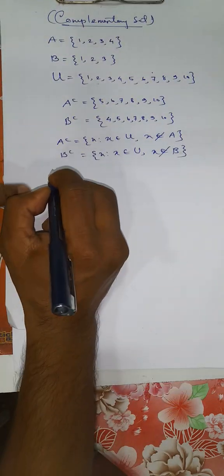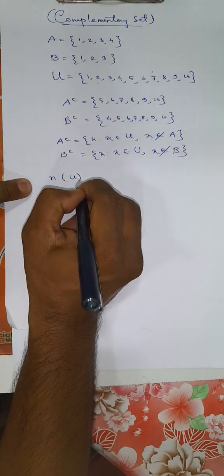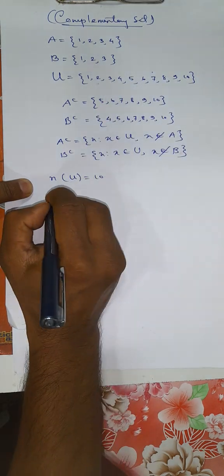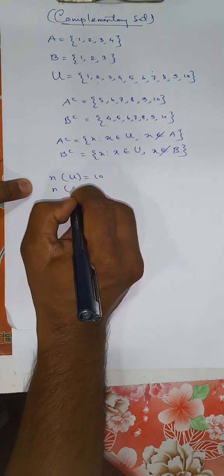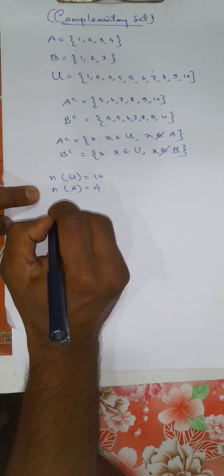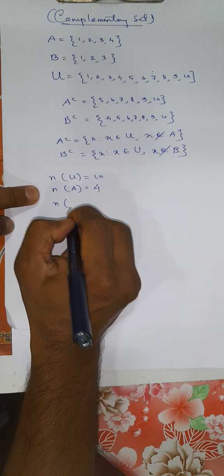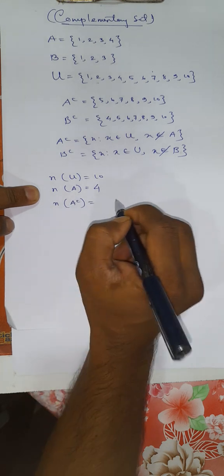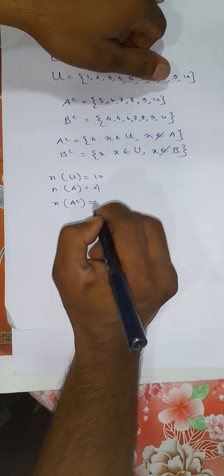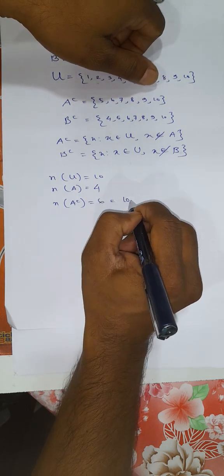Now you see the cardinal number of U. How many elements are there? 10 elements. The cardinal number of A is 4. So the cardinal number of A complement, how many elements are there? 1, 2, 3, 4, 5, 6. 6, that is 10 minus 4.